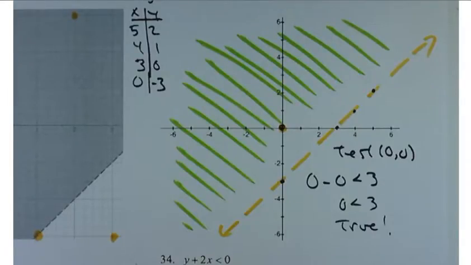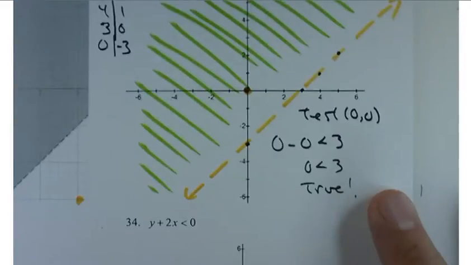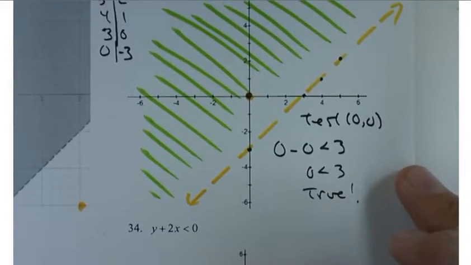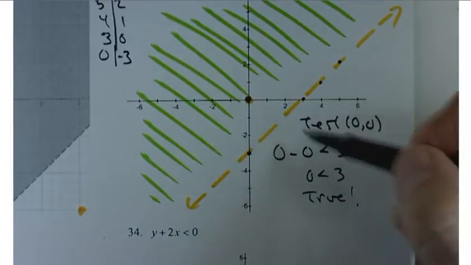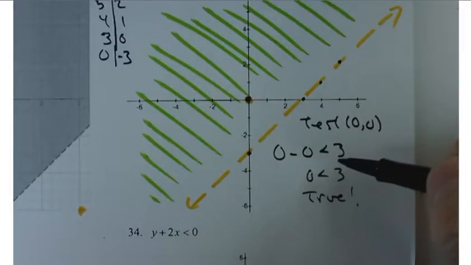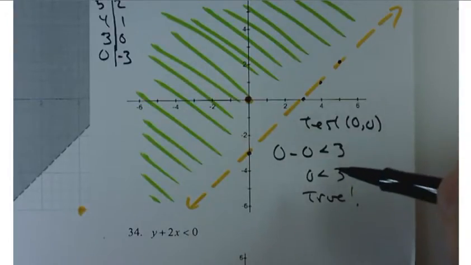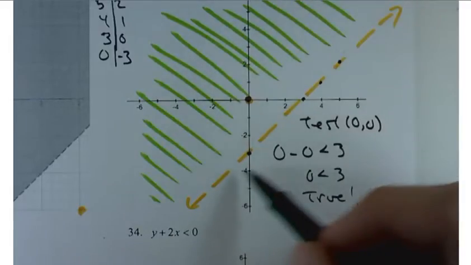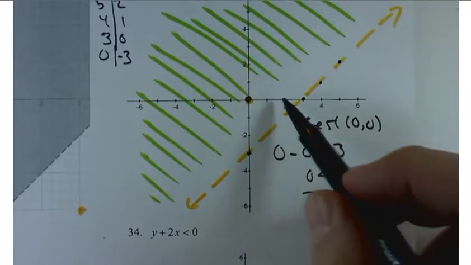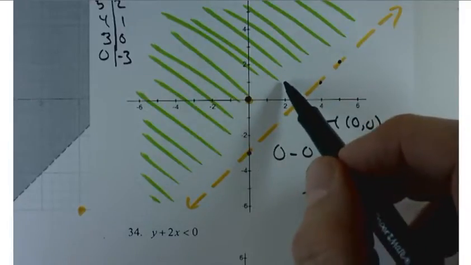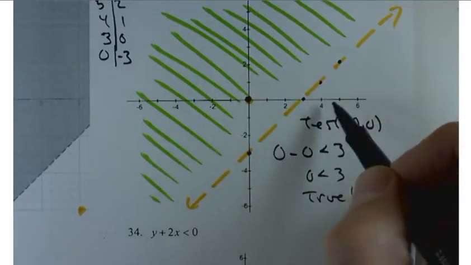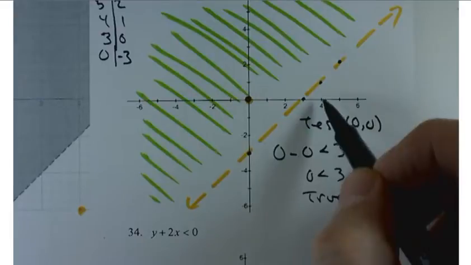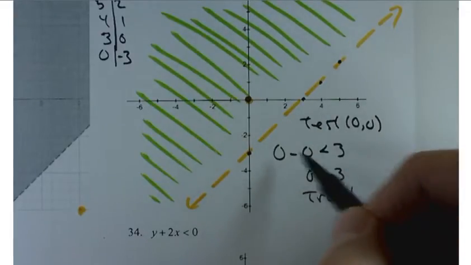Now, tell you what. Suppose you're going, I'm just not sure. Well, let's pick a point from the other side of the inequality. So can you suggest a point on the other side? 2 and 1 would be up here. How about 4 and negative 4 or something like that?